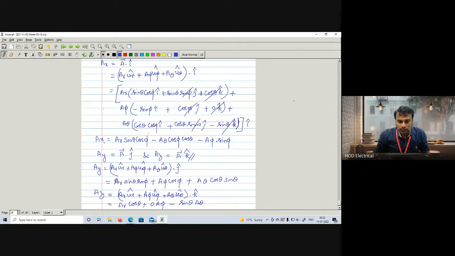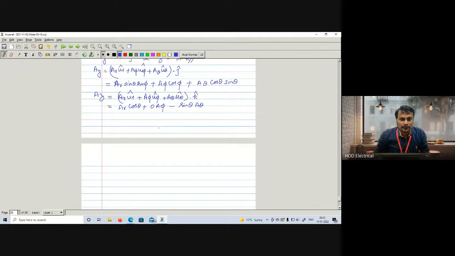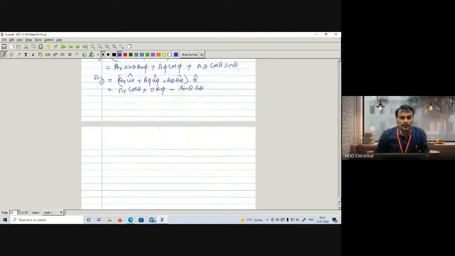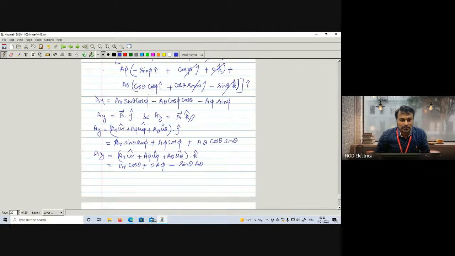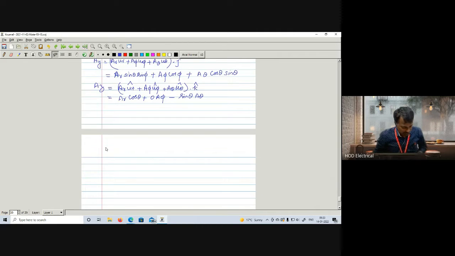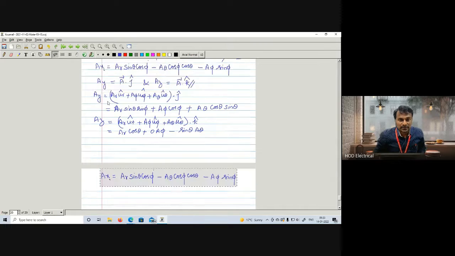So now you can write everything in this matrix form. Let me copy this. AX, AY, AZ we have received. We derived it from this. So we can have this. This is AX.